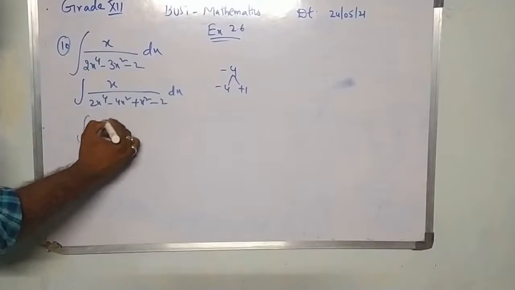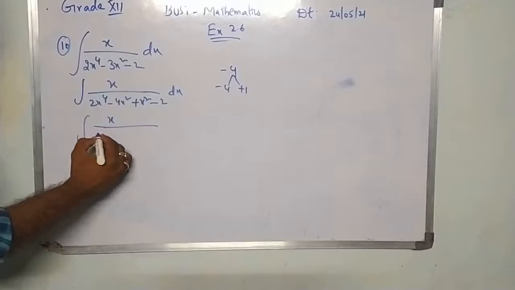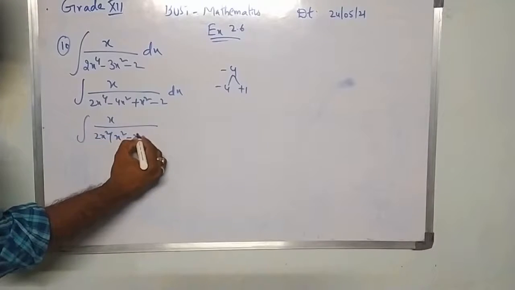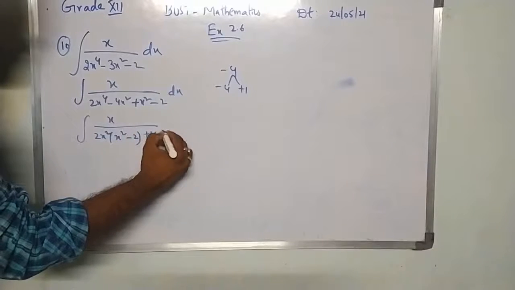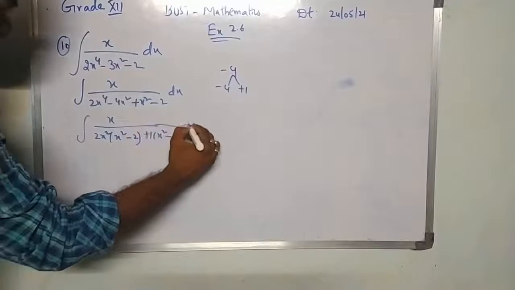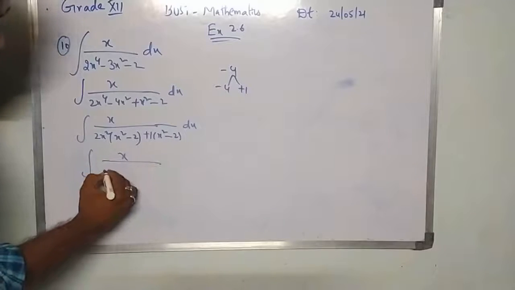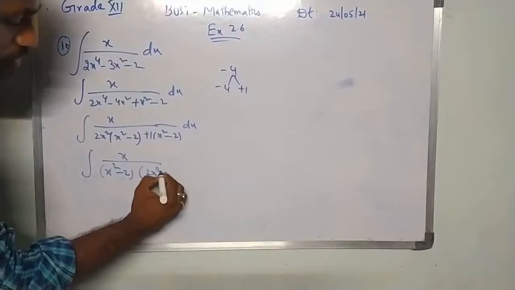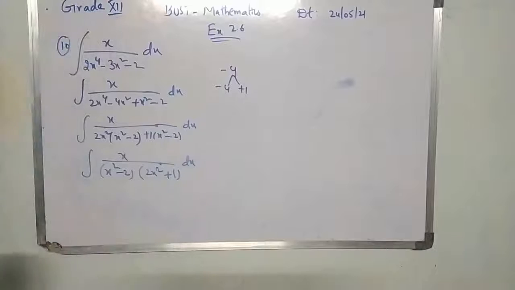In these two we can take 2x square as common, so we are left with x square minus 2, plus 1, here also x square minus 2 dx. So x by x square minus 2 into 2x square plus 1 dx. So this is the splitting of the factors.